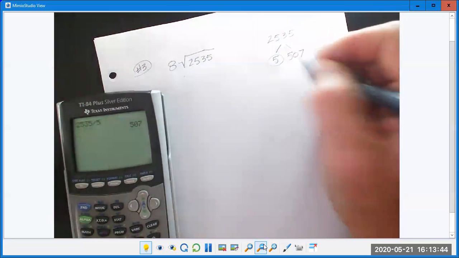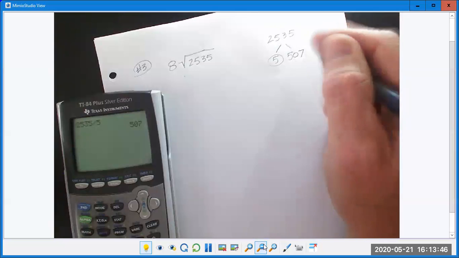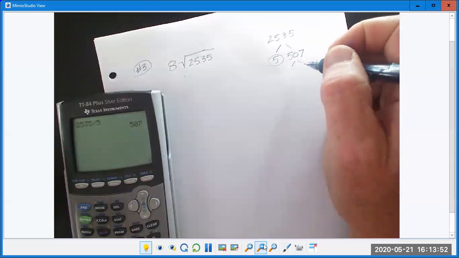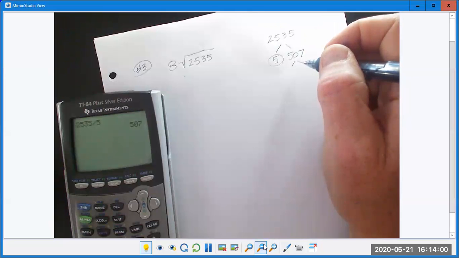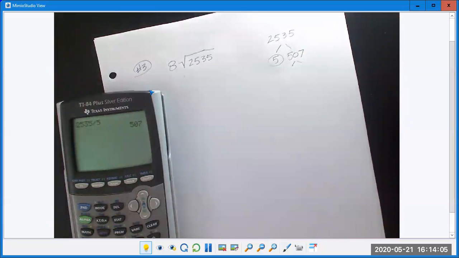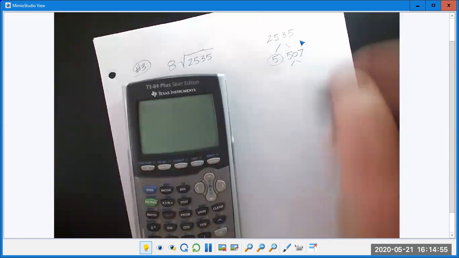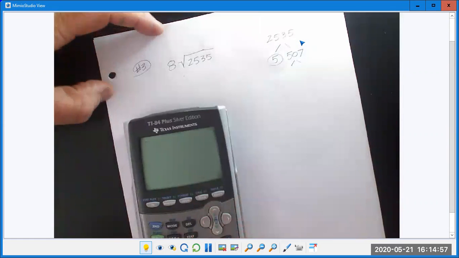The 5, there's no other factors that I can break that down to. Now let's take a look at 507. I don't know if there's anything that we can do with that. So this is going to be a situation with these larger numbers where I'm going to have to do a guess and check.